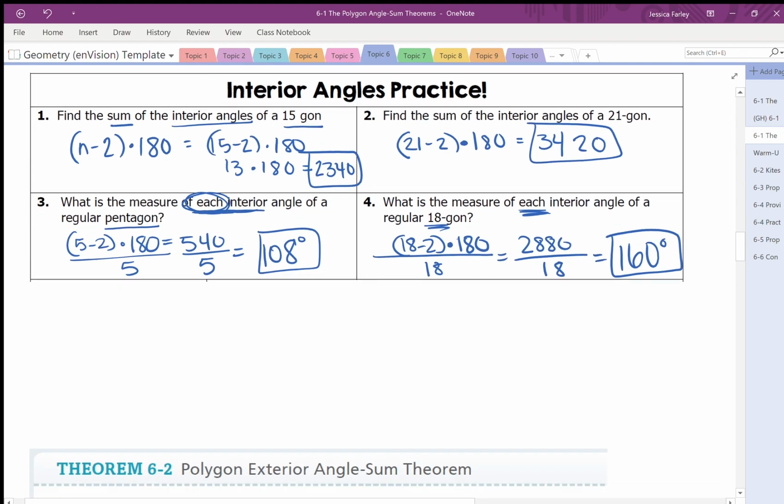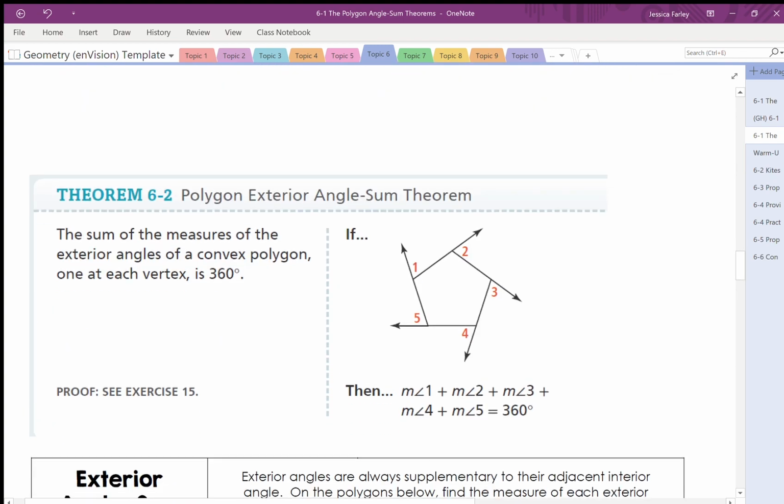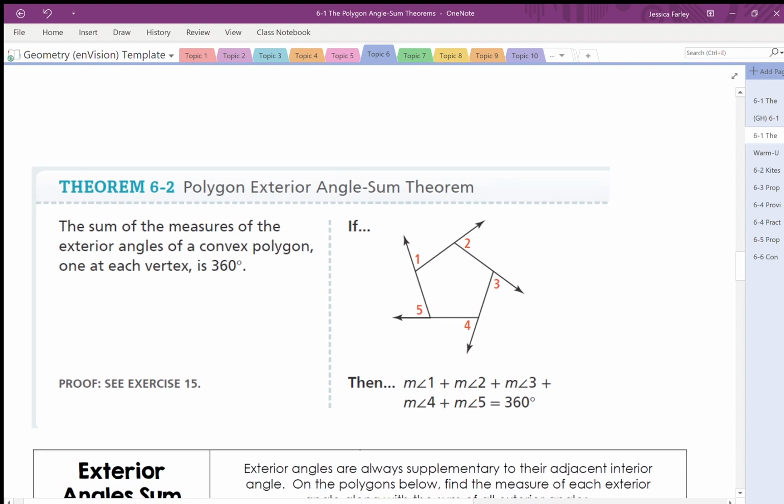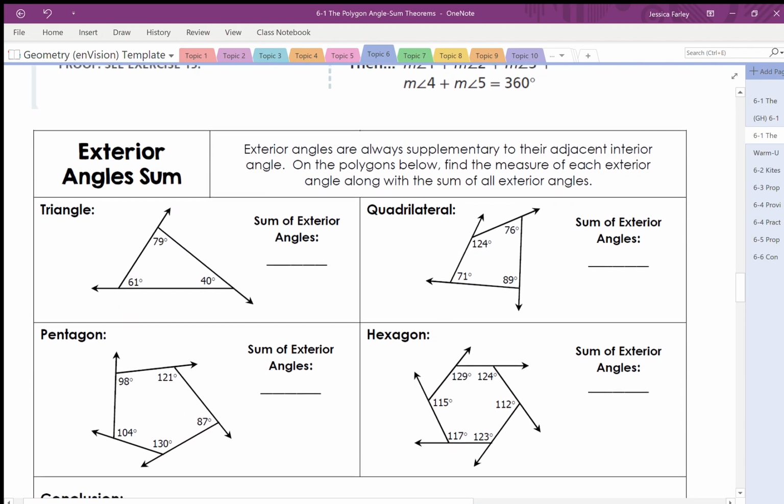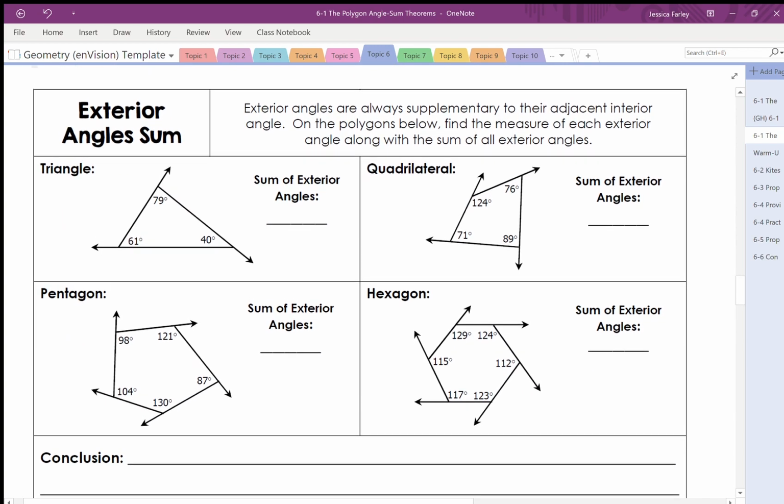And next we'll look at the exterior angles. So when you look at exterior angles, let's move on to the notes because I want you to see something yourself. The exterior angles are always supplementary to their adjacent angle. So 79 and 101 is its exterior angle. 40 degrees, 140 is the exterior angle for that vertex, and the 61 degree angle, its exterior angle there is 119.